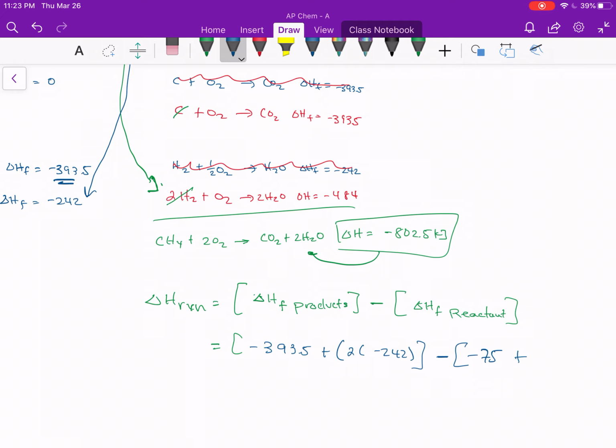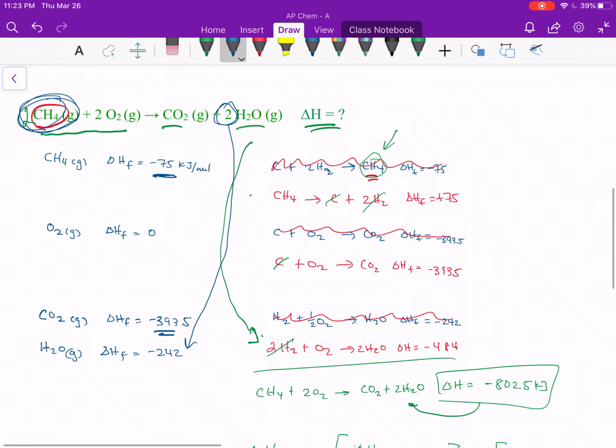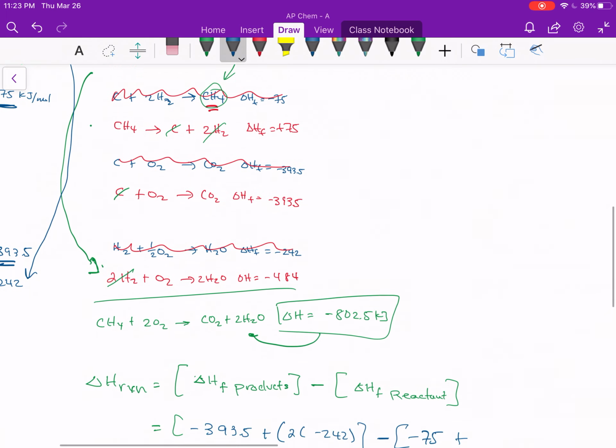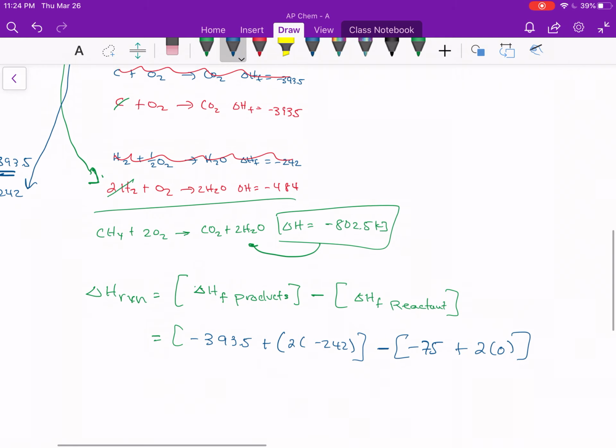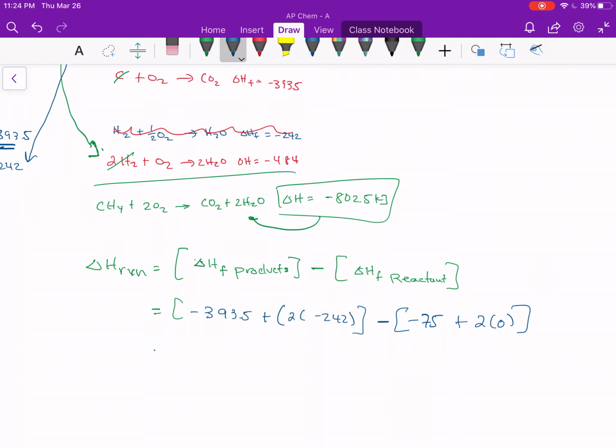Then plus my oxygen: I have 2, but we know the heat of formation for oxygen is 0, so I just have plus 2 times 0. And so now if I do that, I'm going to see that that also equals negative 802.5 kilojoules. So again, an easier way to do it.